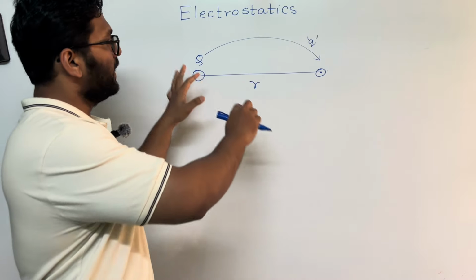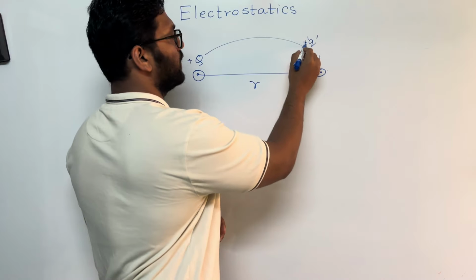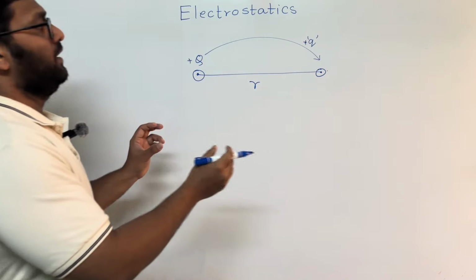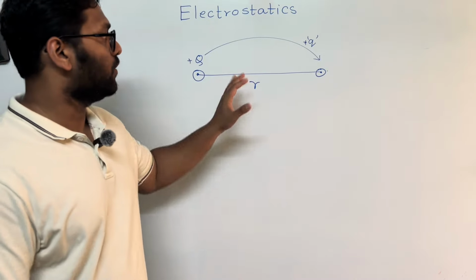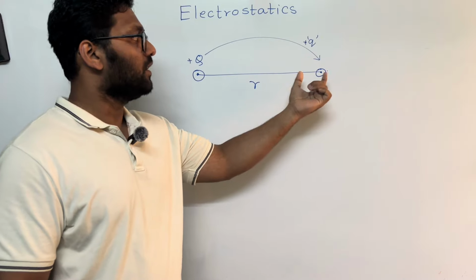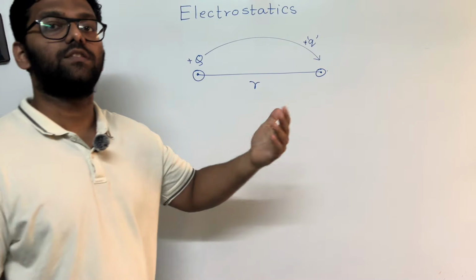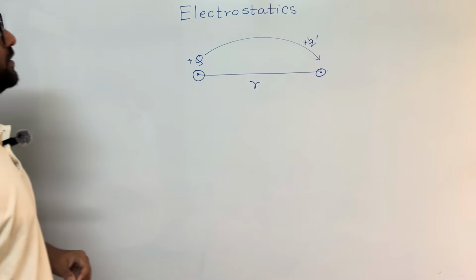If it is positive, then positive charge will be transferred, and there will be a repulsion between these two charges. I want to find out what charge small q should be transferred here so that the repulsion is maximum. So let's try that question.